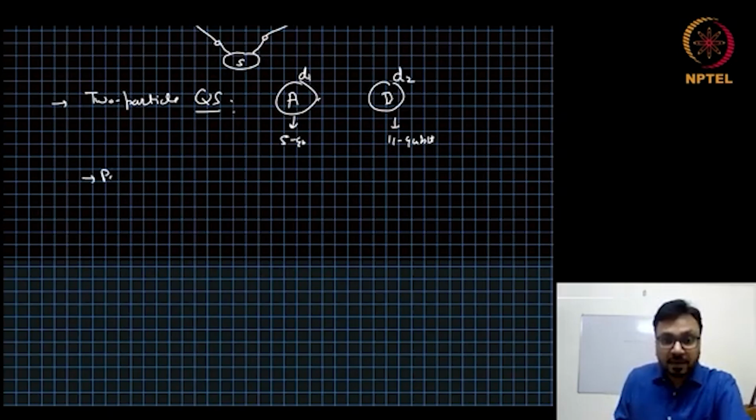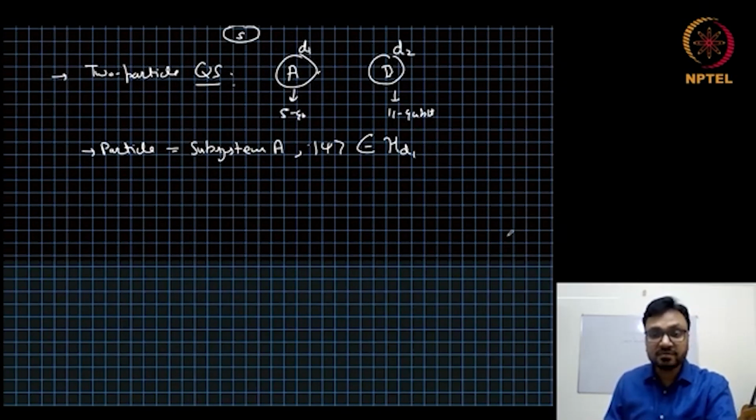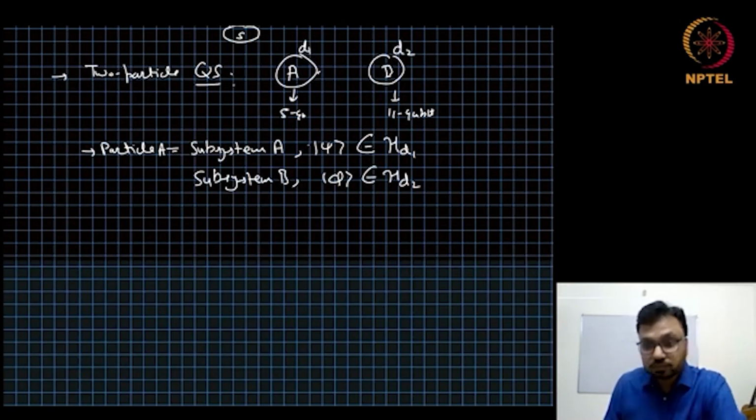The part 1 or particle 1 or subsystem A has states, let us call them psi, and they are from the Hilbert space H_D1, where D1 stands for the dimension of the Hilbert space. For subsystem B, the states belong to the Hilbert space H_D2.